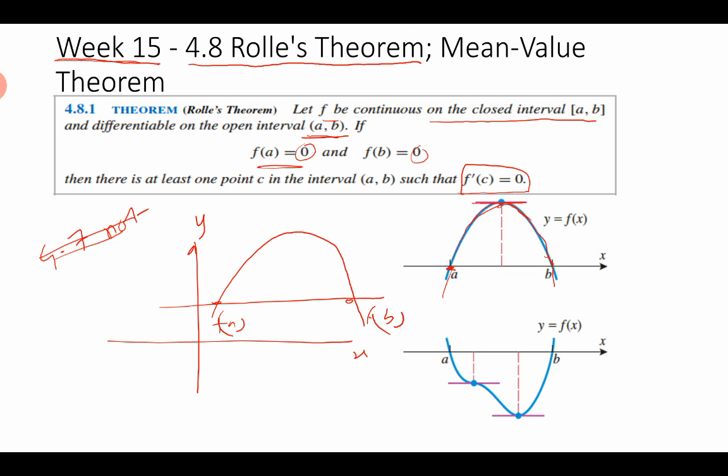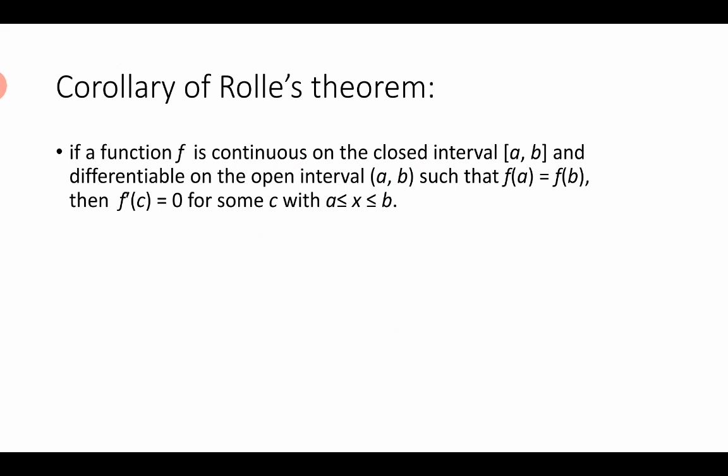Even for equal values, f of a equals f of b, there is at least one point, maybe more than one turn, at least one point c at which the first derivative is 0. That is Rolle's theorem. So that is the corollary: f of a is equal to f of b, not necessarily 0 sometimes. Then there is at least one point c in the interval (a, b) at which the first derivative is 0.